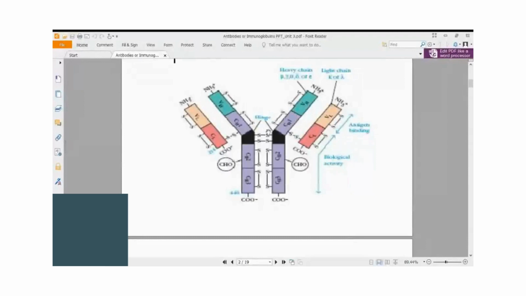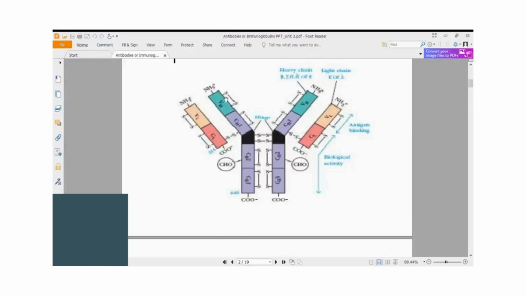Okay, so there is a region called the hinge region, and that hinge region gives flexibility for this arm to bend or turn. It is like a ball and socket mechanism.